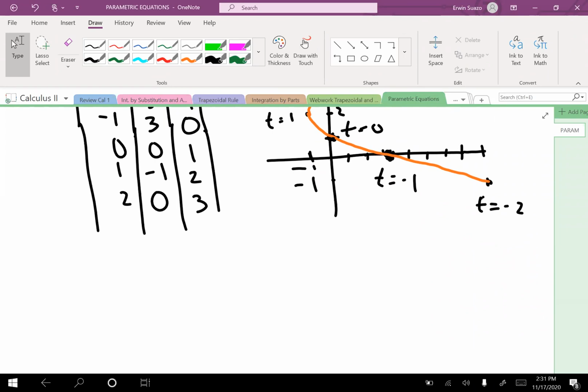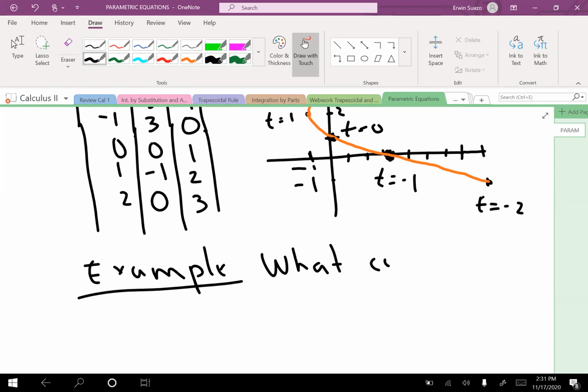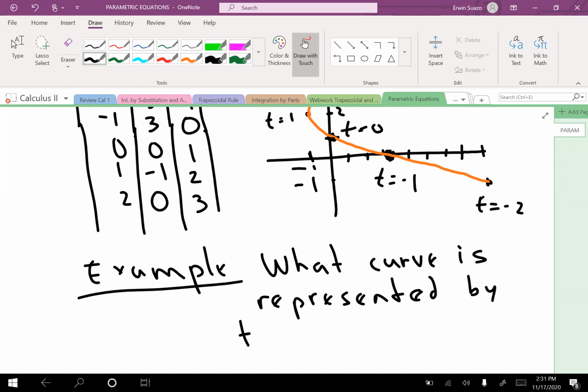Okay, so let me give you a definition. Oh no, let me give you another example. Graph now, same problem, same question. What curve is represented by the given parametric equations?